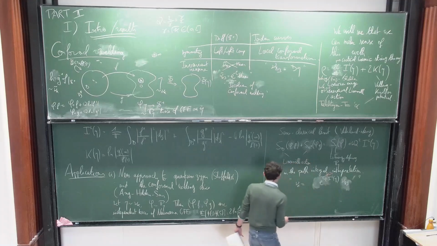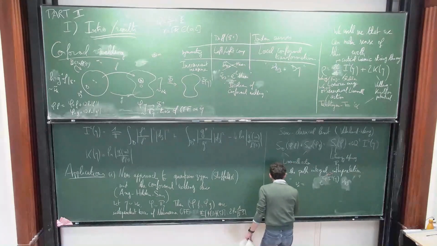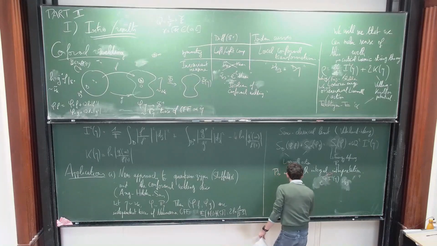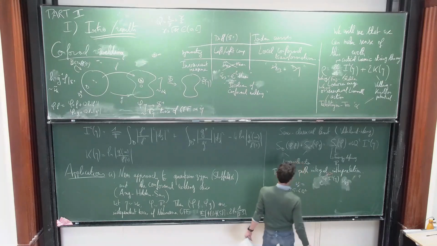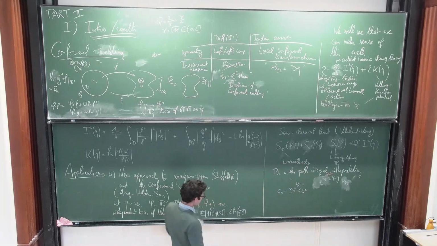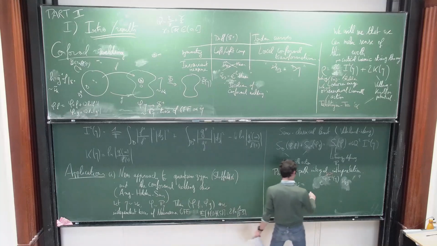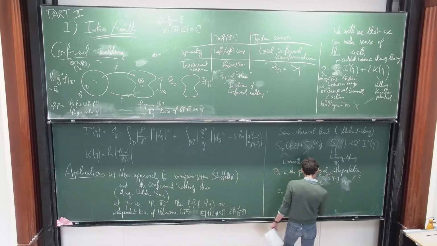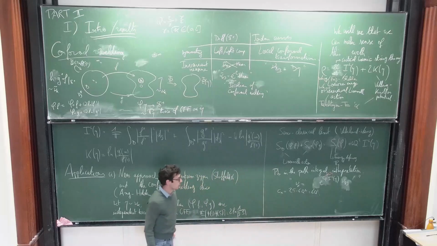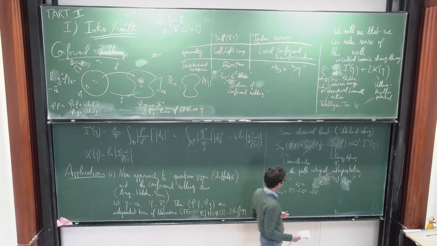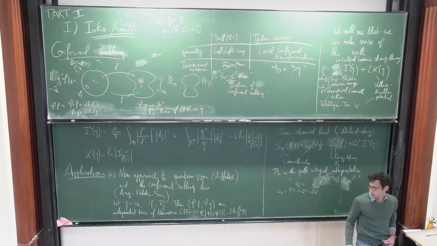And in fact, they are related by this formula, so you have that Cm is equal to 25 minus 6Q squared. Which is not equal to 6Q squared. They differ by 25.